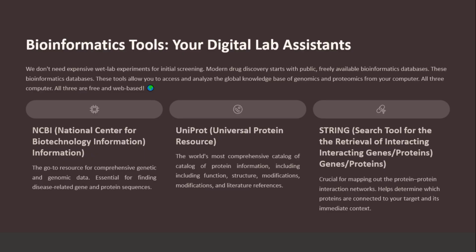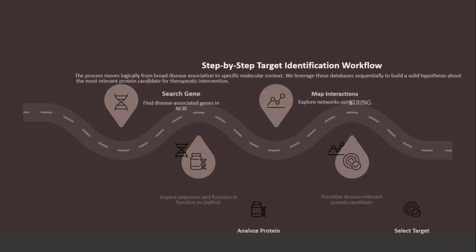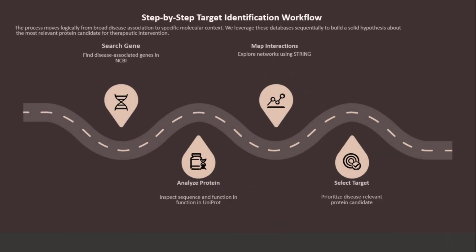So the main tools for this lecture will be NCBI, UniProt, and STRING. The step-by-step target identification workflow: first we search for the gene on NCBI, then analyze the protein on UniProt, then map interactions on STRING, and then select the target.